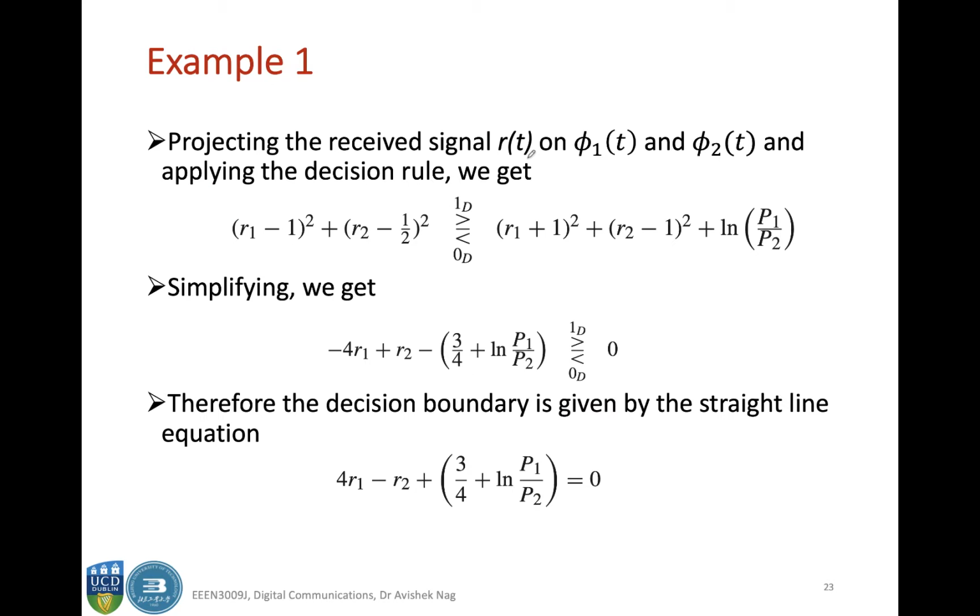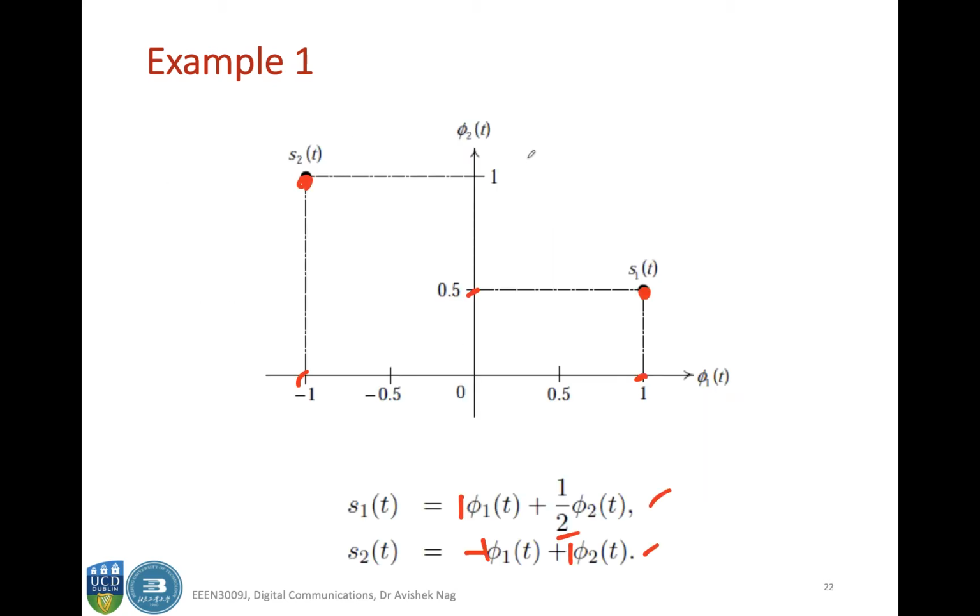Now, projecting the received signal r(t) on phi1(t) and phi2(t) and applying the decision rule, let's imagine that after noise addition my received signal is somewhere here. Let's say this is my r(t). All I need to do now is compare the distances between r(t) and S1(t), and r(t) and S2(t).